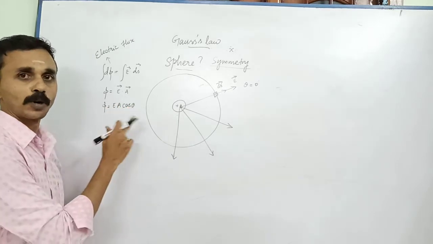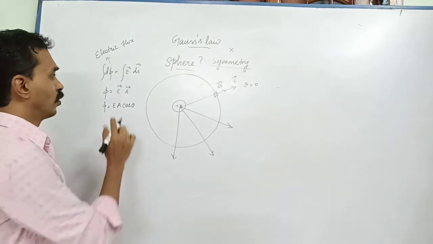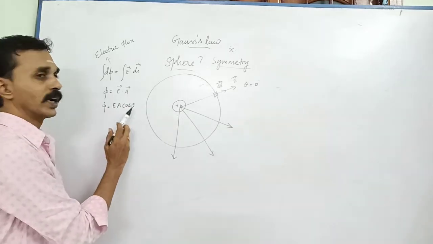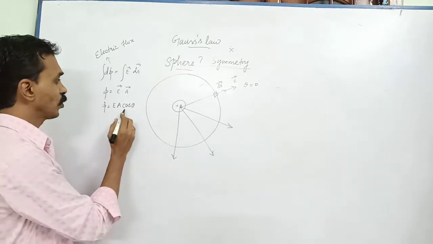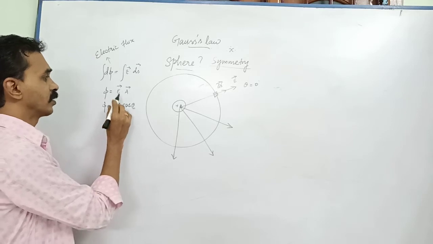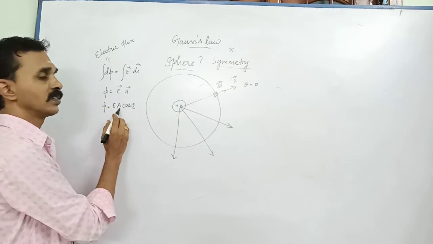When two vectors form a scalar product, you get EA cos theta. This theta is the angle between the E vector and the A vector, the angle between the electric field and the area vector.